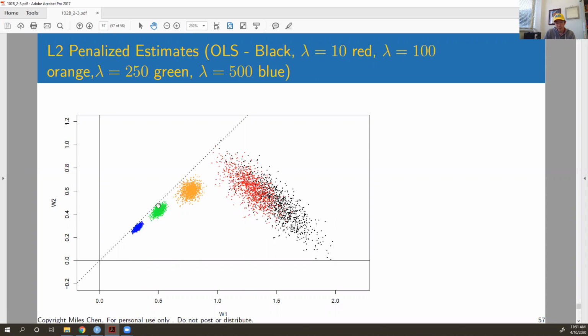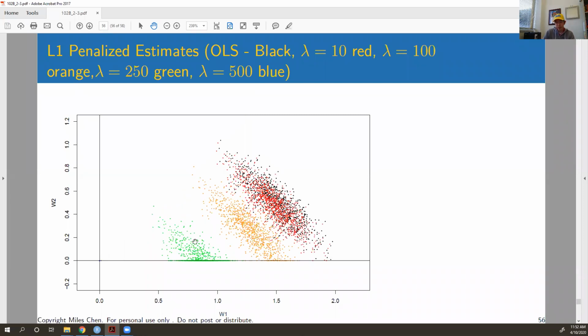As lambda gets bigger, the different values of W1 and W2 are concentrated in this small, tight little cloud of points here. The fact that it's small represents that there's less variance as far as your coefficients W1 and W2 go. So the values of W1 and W2 will not vary as much when you have a larger lambda for ridge regression.